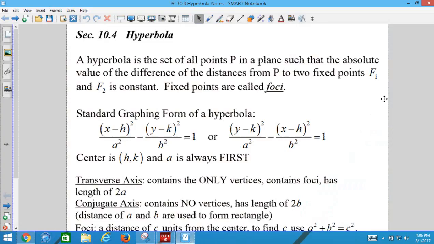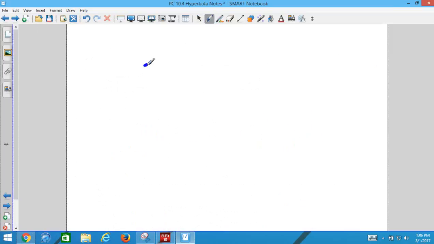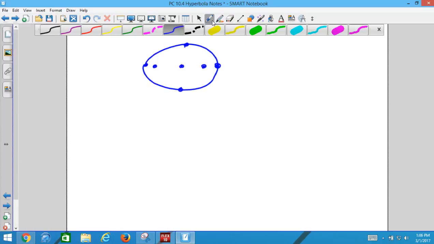Hyperbolas. Do you guys know what hyperbolas are? Is it just ellipses that got broken apart and flipped around? Let me just show you real fast. So we had learned about ellipses. They kind of look like this. Now, a hyperbola is what you get if I halved that ellipse.